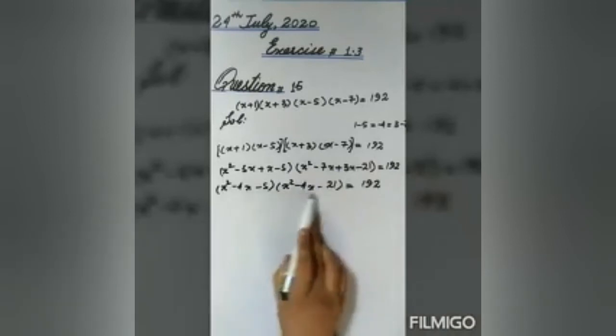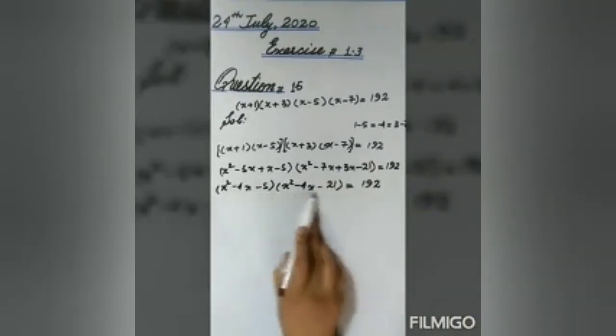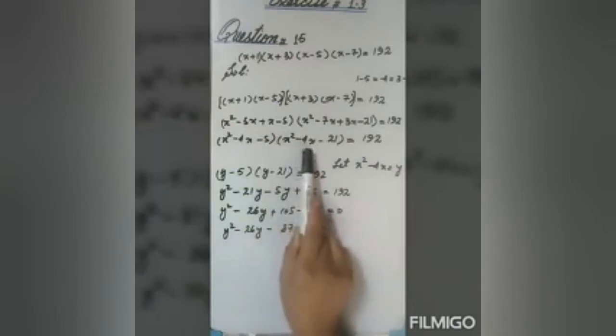Students, now we have got two expressions, x square minus 4x minus 5 and x square minus 4x minus 21, and the product is equal to 192. Have you observed that x square minus 4x is present in both expressions?